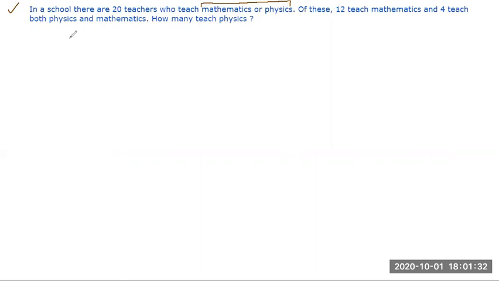If you remember, when we defined X union Y in the starting, we defined it as the set of all x such that x belongs to set X or x belongs to Y. This was in set builder form. So this 'or' signifies the 20 teachers who teach maths or physics.